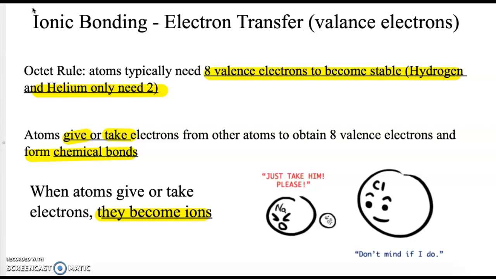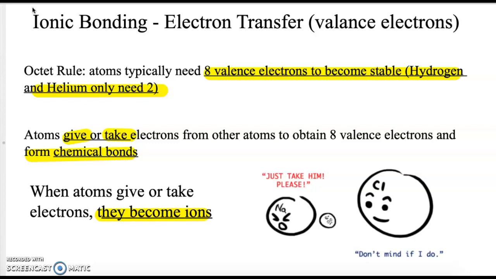And so they aren't going to do the 8, but all the other atoms want 8. So in ionic bonding and ions, some atoms will give electrons to other atoms, and some atoms will take electrons, to obtain the number 8. And when they get the number 8, then a chemical bond can form.